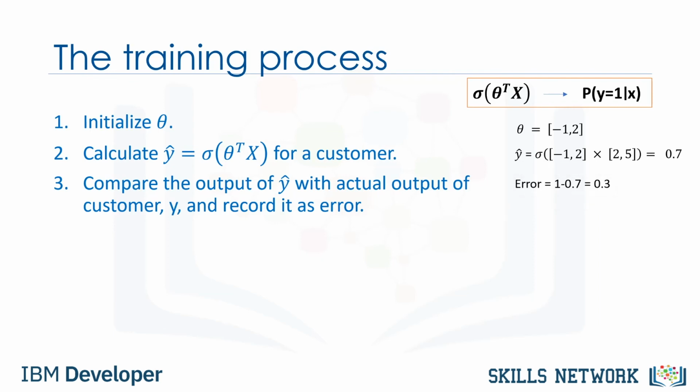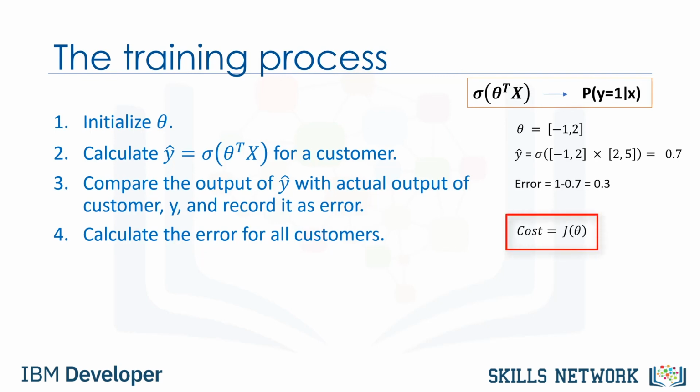This is the error for only one customer out of all the customers in the training set. Step 4. Calculate the error for all customers, as we did in the previous steps, and add up these errors. The total error is the cost of your model, and is calculated by the model's cost function.